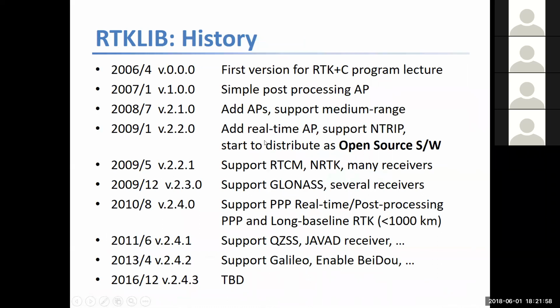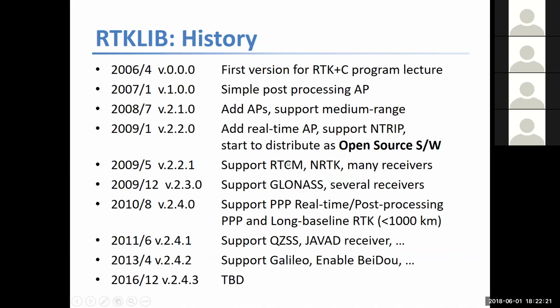Okay, here is the history of RTKLIB. In 2006, he started this program, with the first version being the RTKCONV program. In 2009, he started to distribute it as open source software.